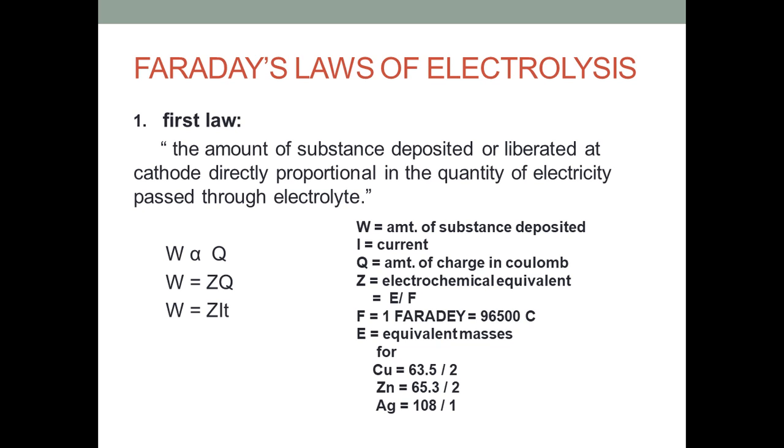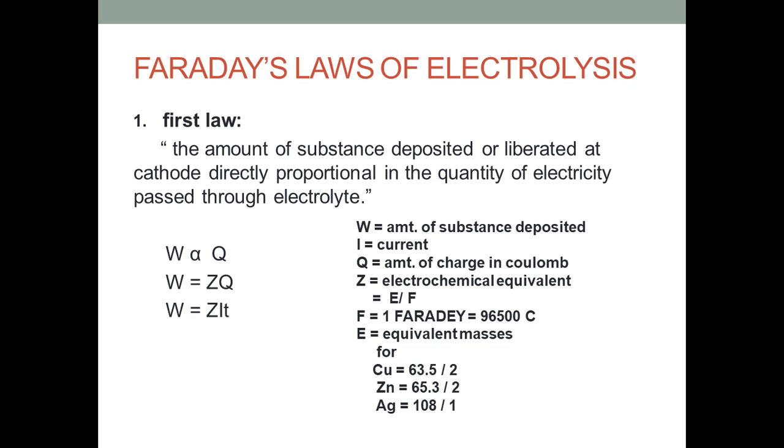I will provide some data about the equivalent masses, for example copper, zinc and silver. If you compare the equivalent masses of these three elements, because generally these three elements are discussed in your chapter number 3, and the questions generally come from only these three. These data are already given in your examination, but for current purposes you can learn them.